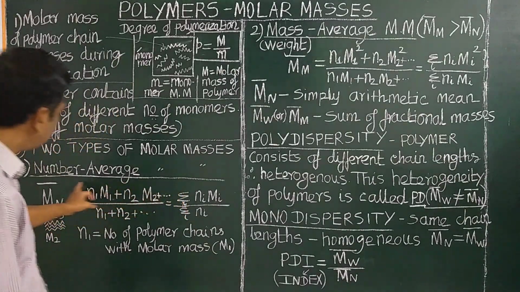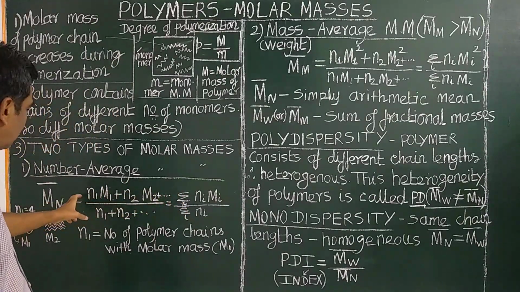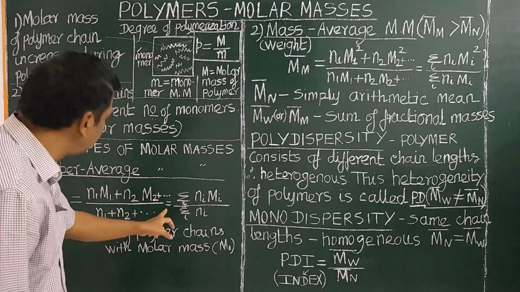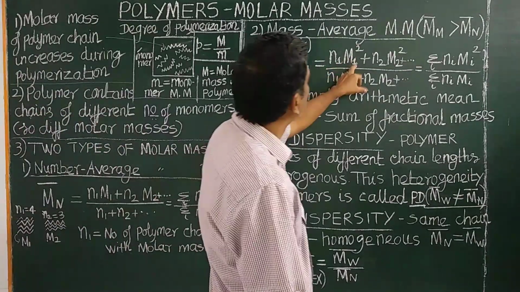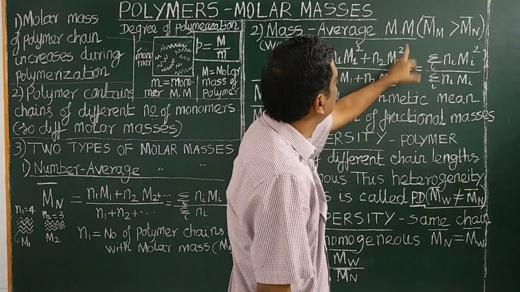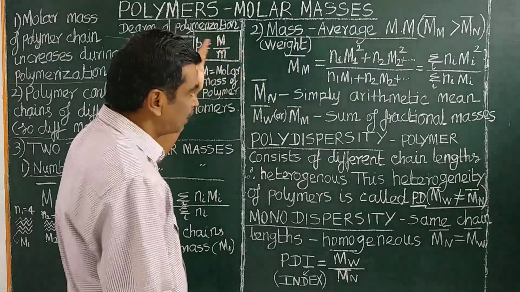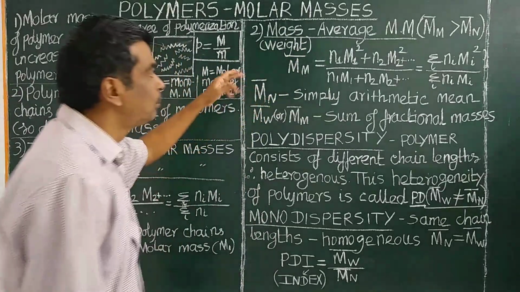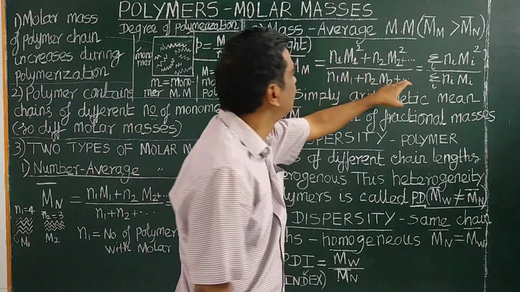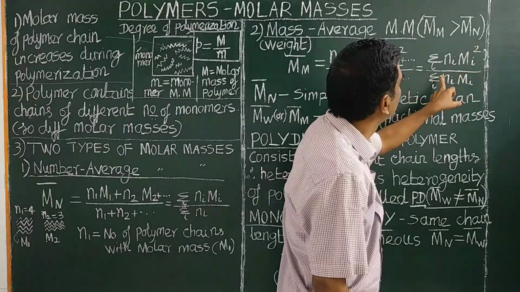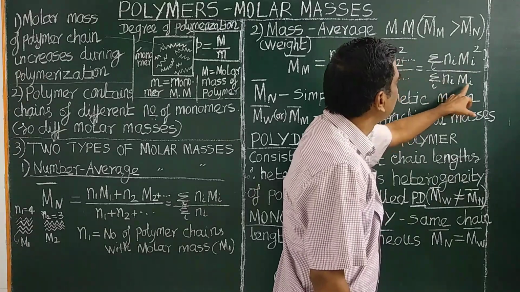Multiply M1, multiply M in the numerator and also the denominator. Therefore, N1 M1 square plus N2 M2 square plus etc. N1 M1 multiplied by M both in the numerator and also in the denominator. Therefore, summation of Ni Mi whole square divided by summation of Ni Mi.